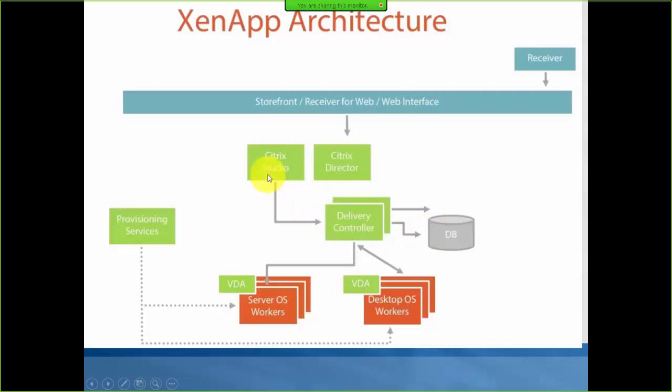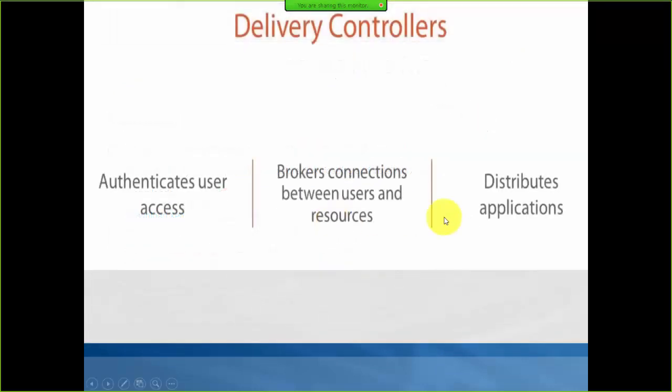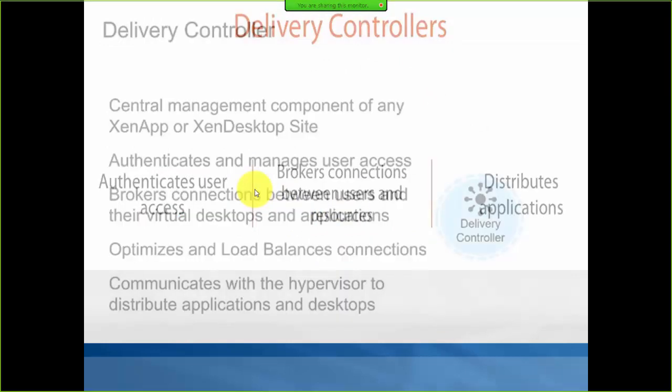All the changes we are making in App Center, now Studio, are not only saved in the database; it's also doing the authentication for the users as well as delivering the application. So the middle service that is making everything happen right now is the Delivery Controller. We're going to be installing that, and you're going to see more of it.